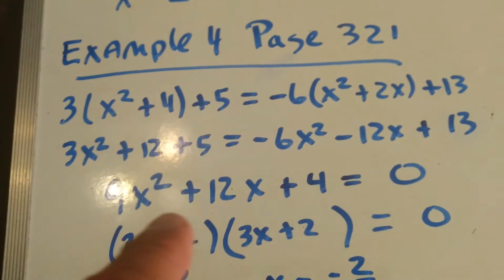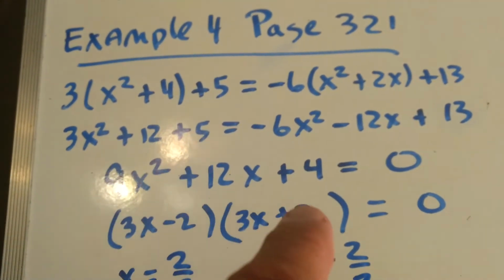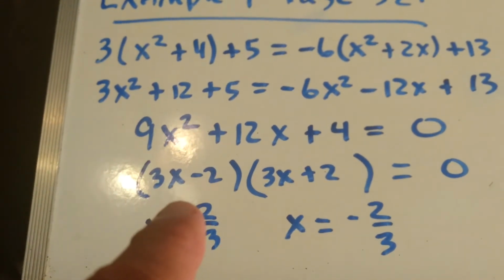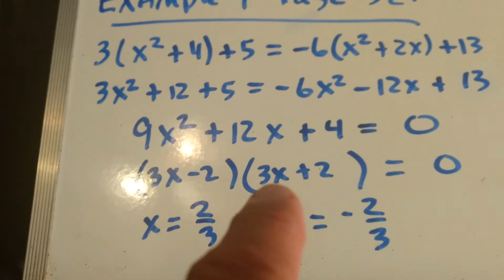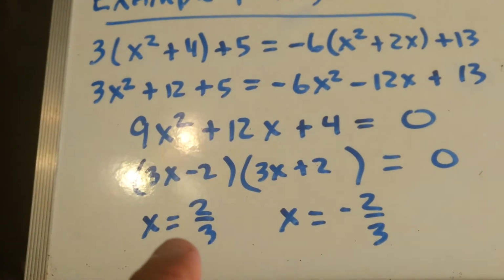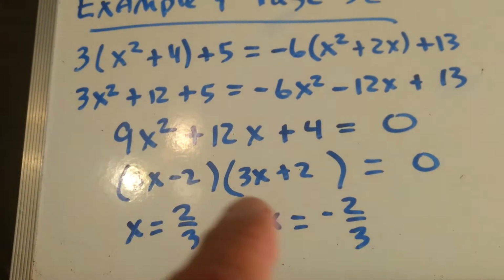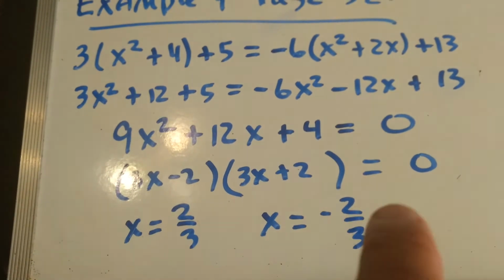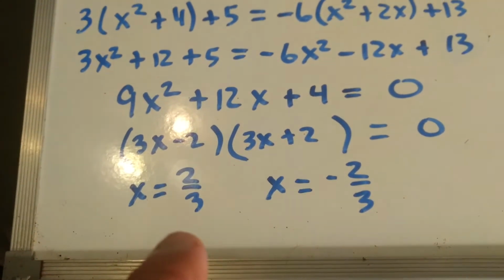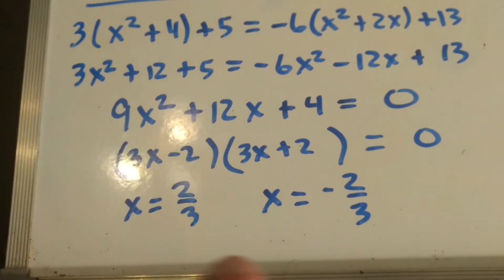That means I add the 12x over, and I subtract the 3 from 5 to get 2. 9x squared plus 12x plus 4 factors into 3x plus 2 times 3x plus 2. Solve. We get the zero x equals negative 2/3. So here are my factors, here are my zeros. If I wrote this as negative 2/3 comma 0 in parentheses, this would be my x-intercept.